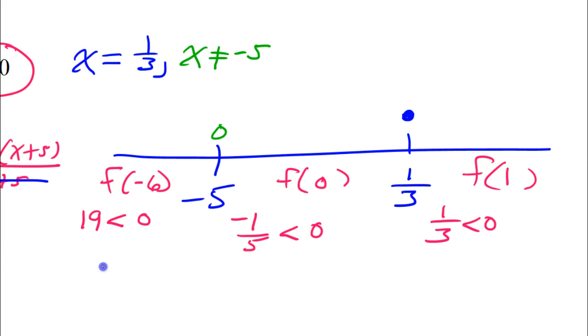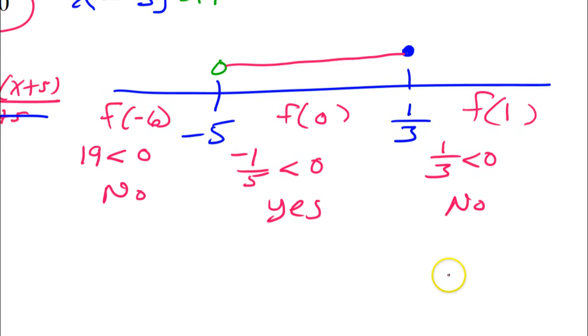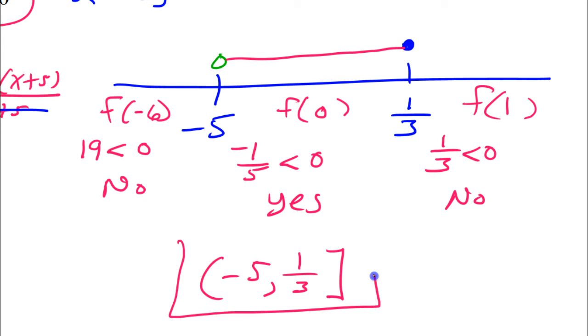No, yes, no. So that yes in the middle tells us that the solutions are between -5 and 1/3. So the interval notation for that is -5 with a parenthesis, comma, 1/3 with a bracket. So that should have been the answer to number 2.